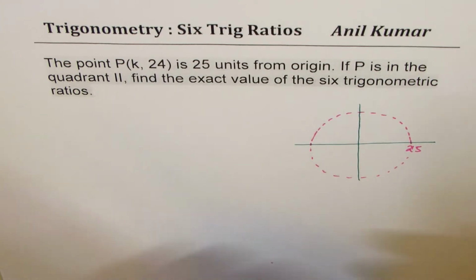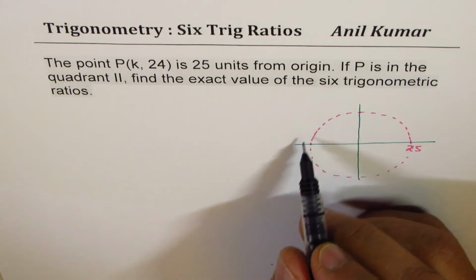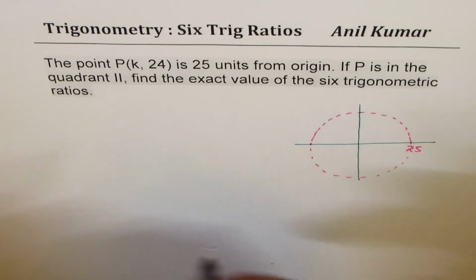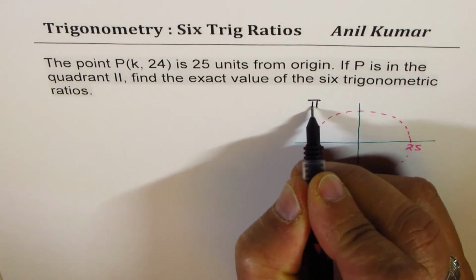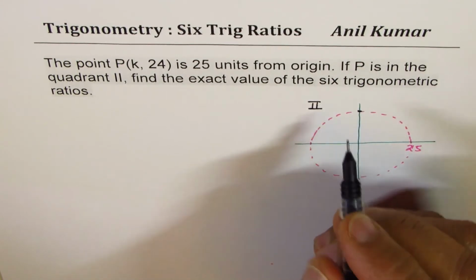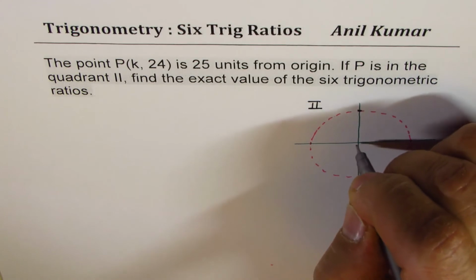Now the y value is 24 and the radius is 25. So it is somewhere here where the y value is 24 and we are in quadrant 2. That means we are in this quadrant. Correct. So in this quadrant, if this is 25, let's say that is 24, right? So let me join this point with the origin.